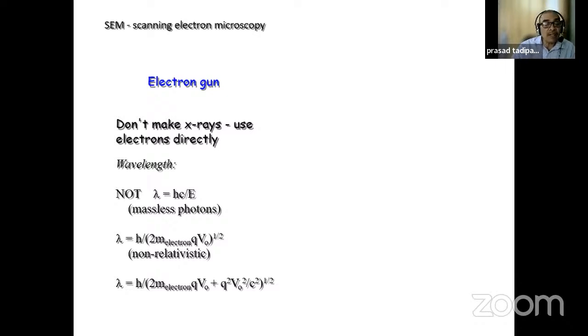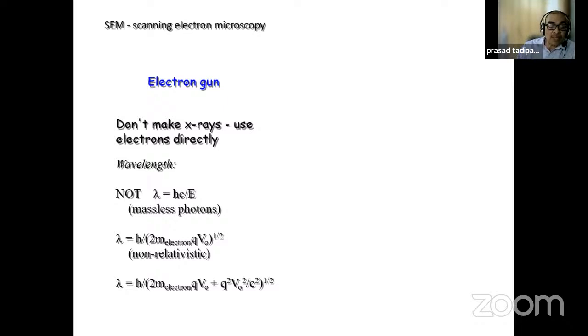And what is the advantage of SEM over your transmission electron microscope? SEM is particularly useful because it can produce detailed three-dimensional images of the surface of objects.